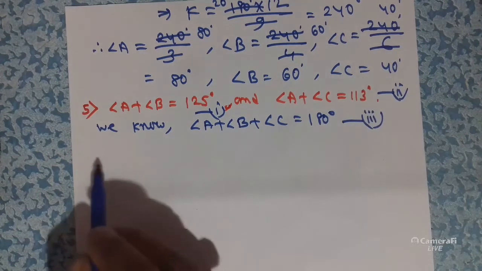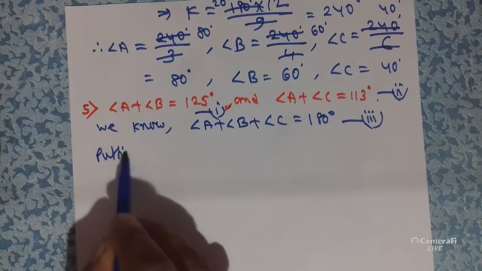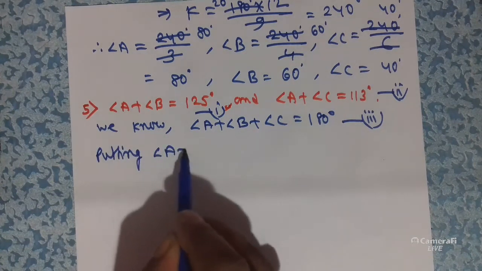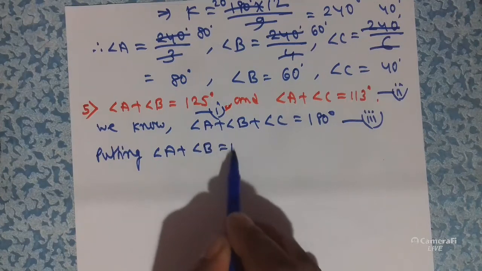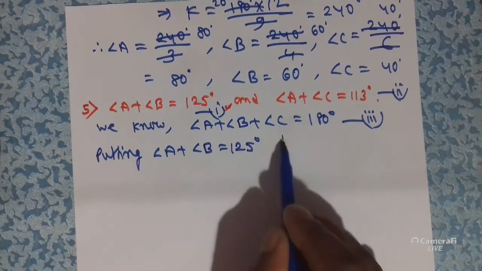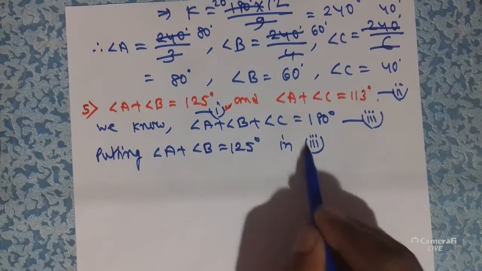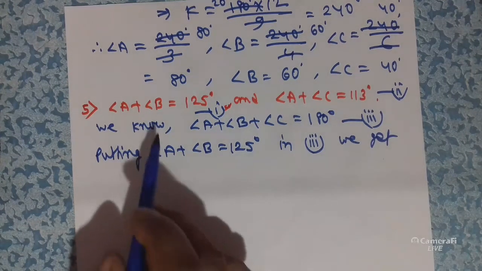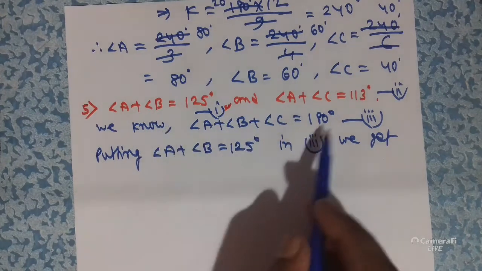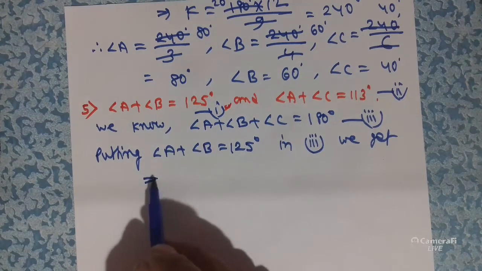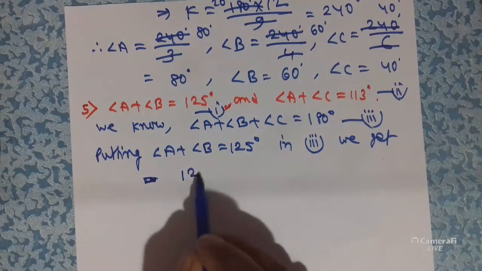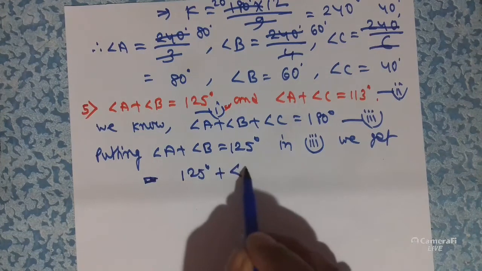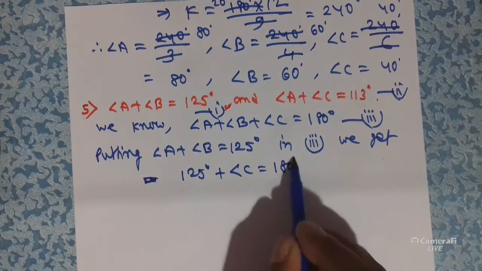Now putting angle A plus angle B is equal to 125 in 3, we have to put the value of A plus B in 3. So it will be A plus B, which is 125, plus angle C is equal to 180.